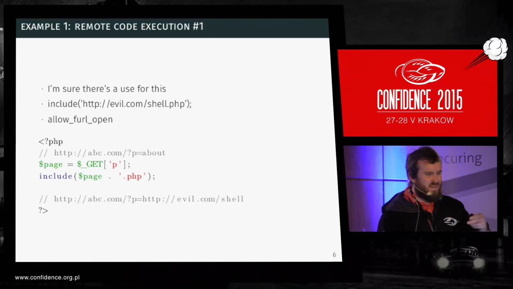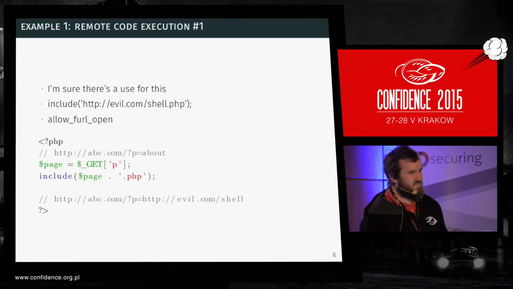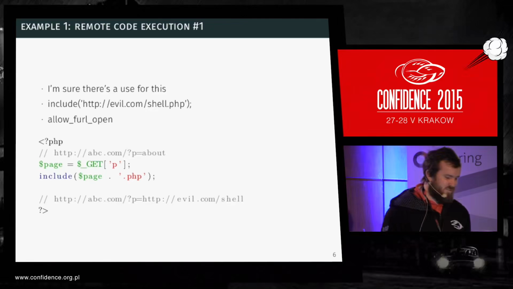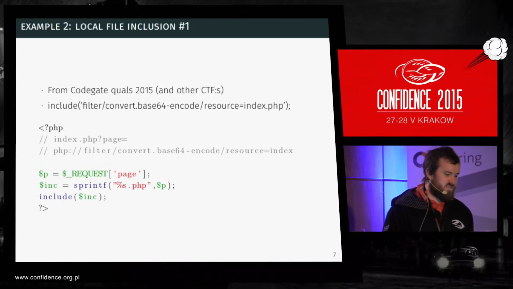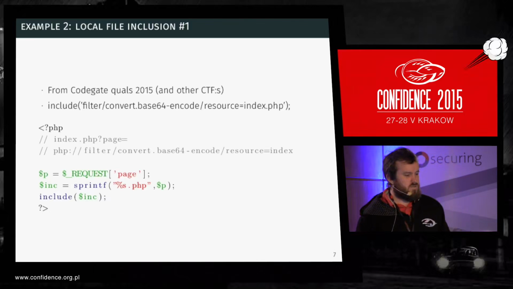But that also feels like an afterthought, like a bad patch to a severe problem. So for the next example, this is from a CTF challenge, from a competition called CodeGate, the qualifiers, which was earlier this year.